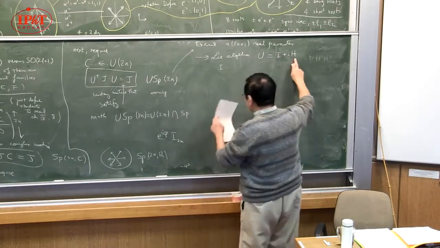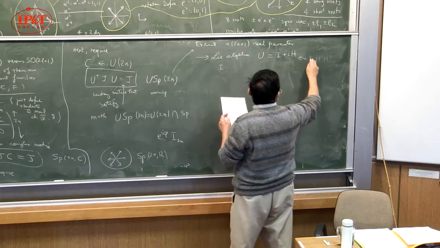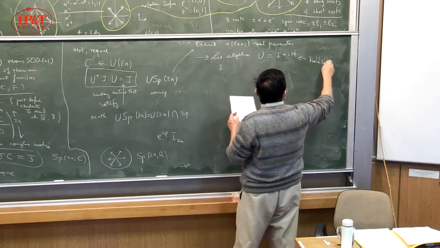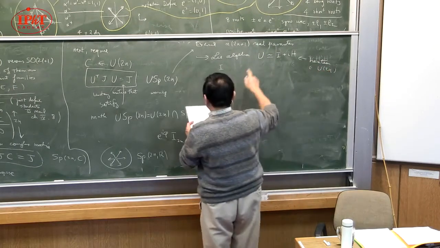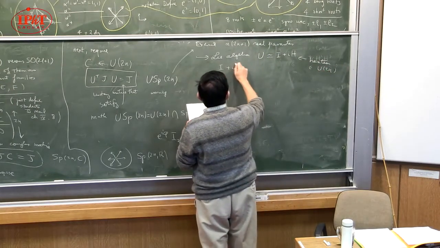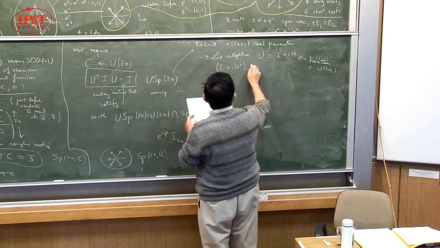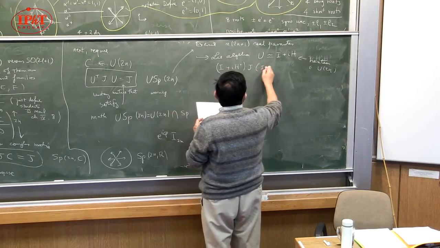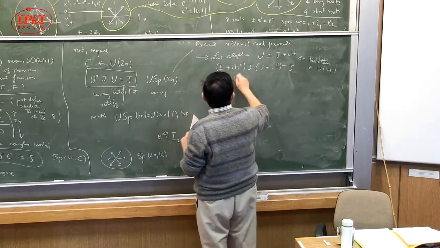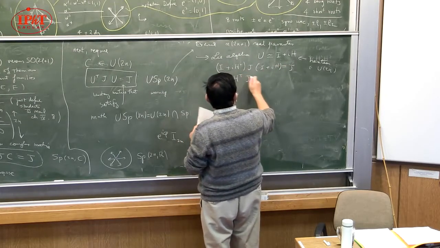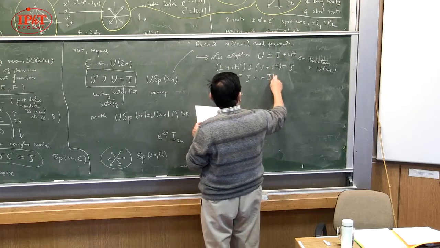So H has to be Hermitian, because this is in U2n. So it's I plus iH transpose J, I plus iH J. And so this is H transpose J equal to minus JH.